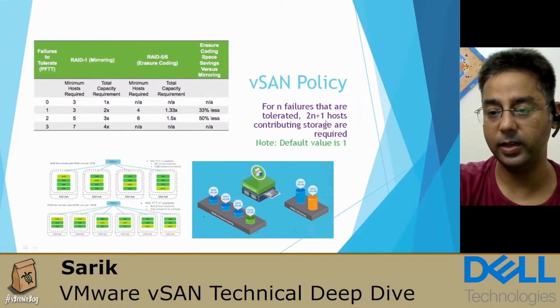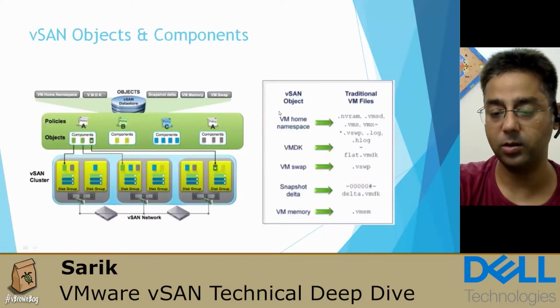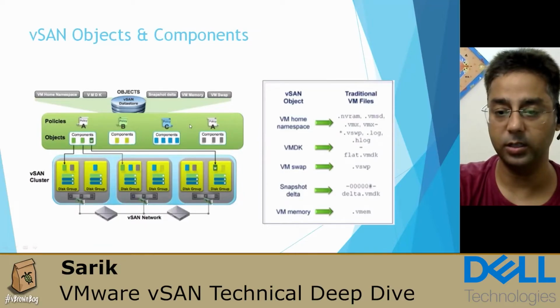We can see the formula 2n plus 1 hosts, and the default value is 1. When we say 1, it will use RAID 1 by default. As we add more ESXi hosts to the cluster, this can change, or we can create additional policies based on the requirements.